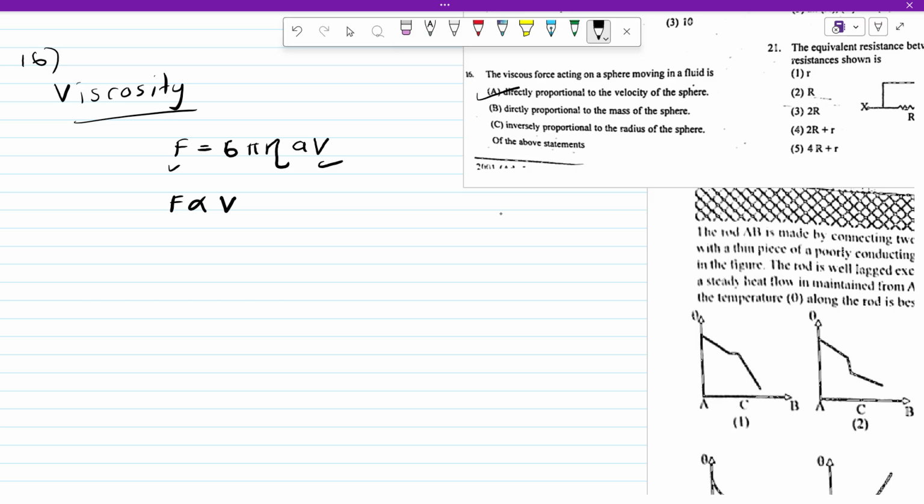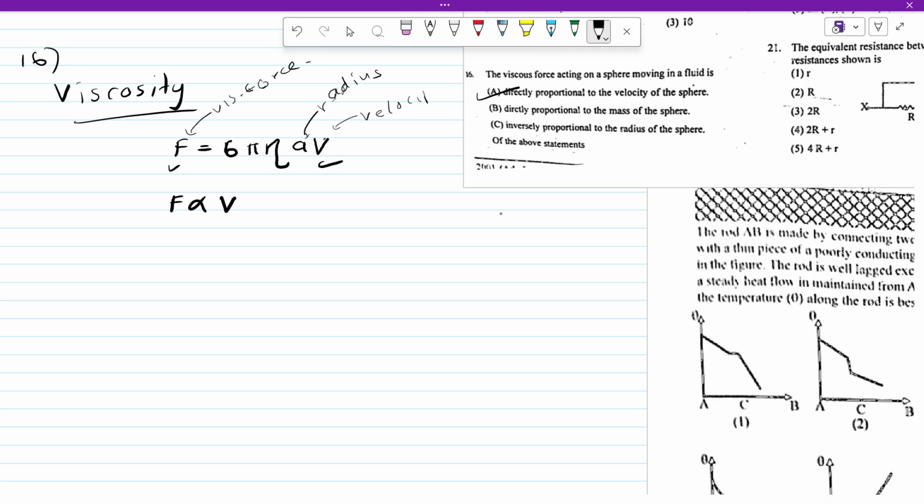B, directly proportional to the mass of the sphere. Statement B is false, right? We do not talk about mass here. We see velocity, radius and the viscous force as the symbols we are dealing with.